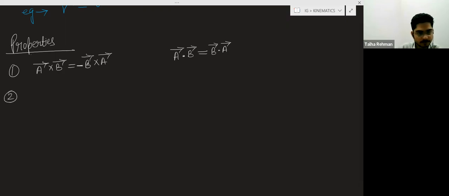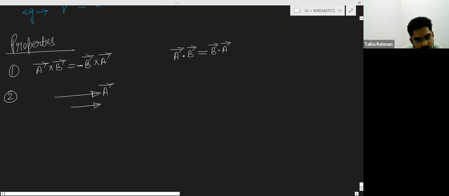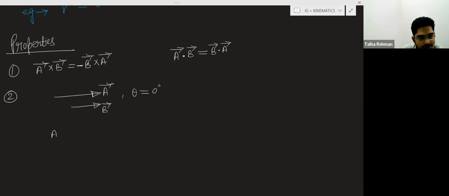Second point. For parallel vectors, suppose this is one vector a and this is another vector b. What is the angle between parallel vectors? 0 degrees. So if you want to find a cross b, what will you write? AB sine theta into n cap.